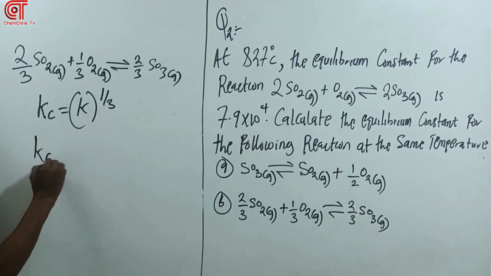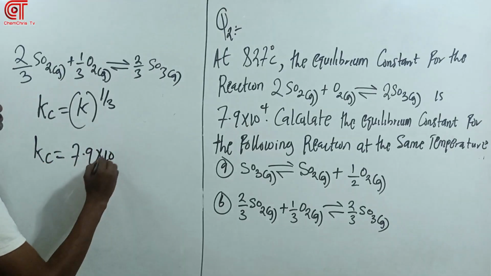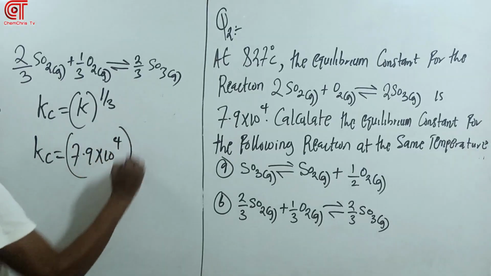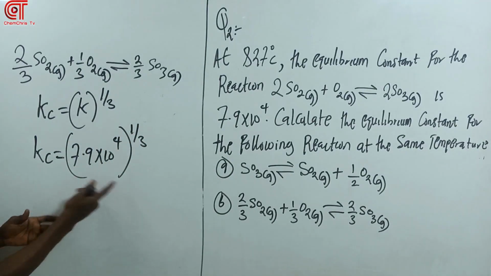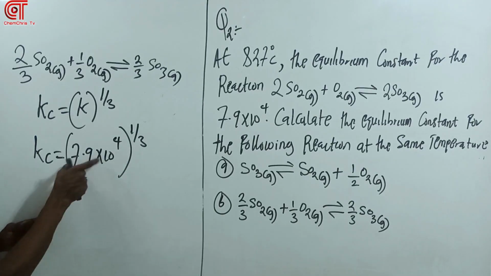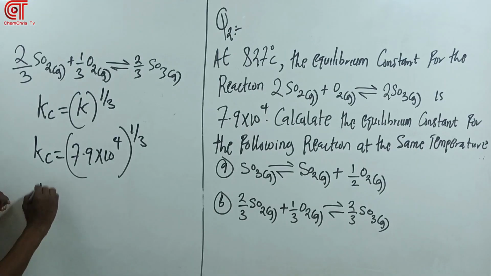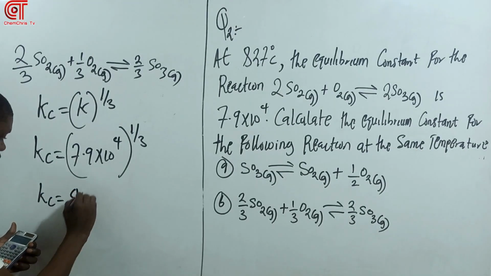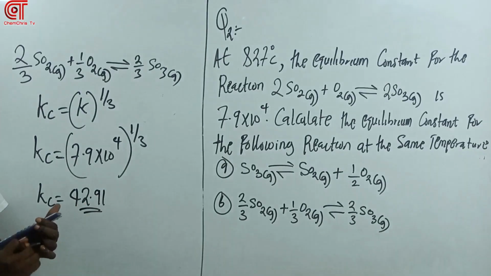So Kc equals 7.9 exponential 4 raised to 1 over 3. This can also be read as the cube root of this one here. Your calculator is going to help you get the answer. So Kc is 42.91. That is the answer.